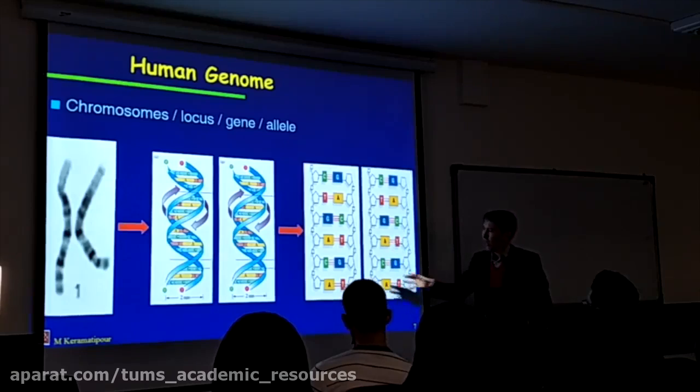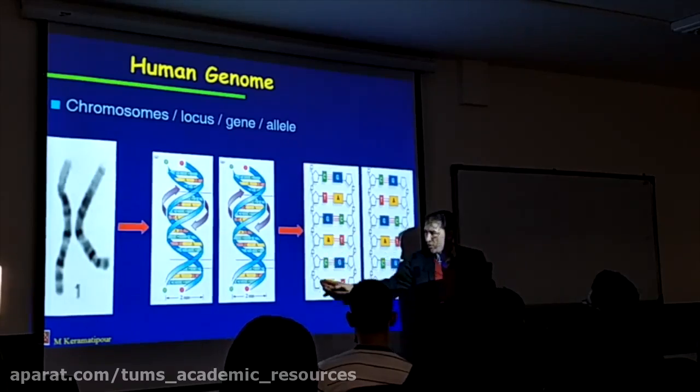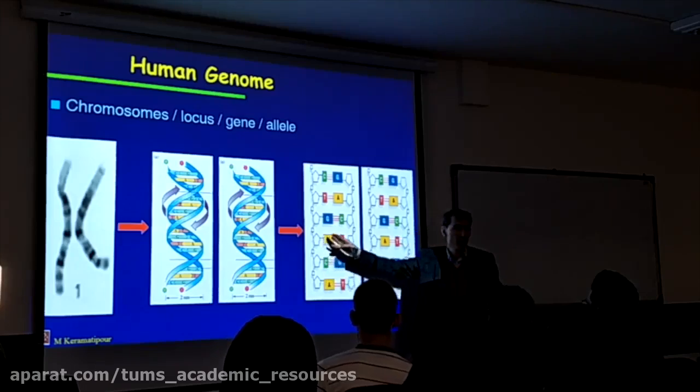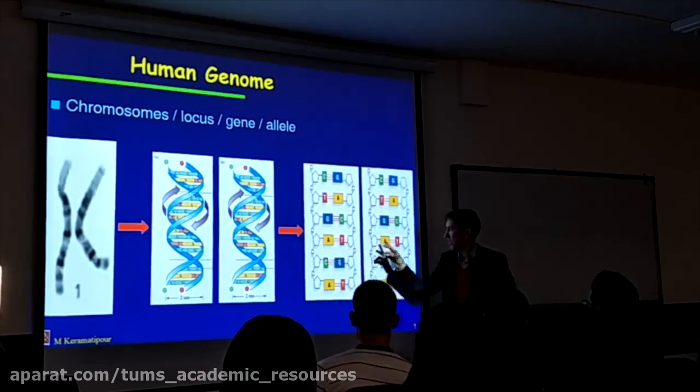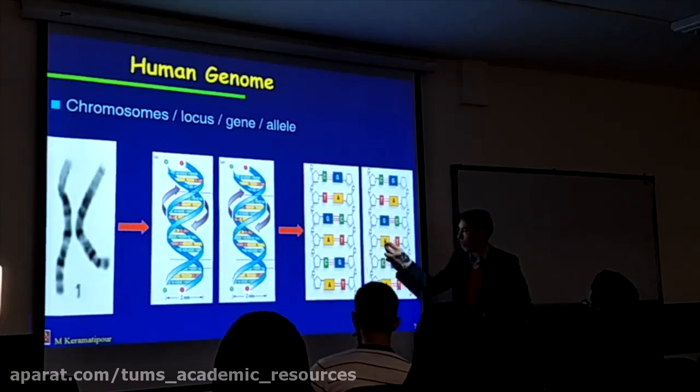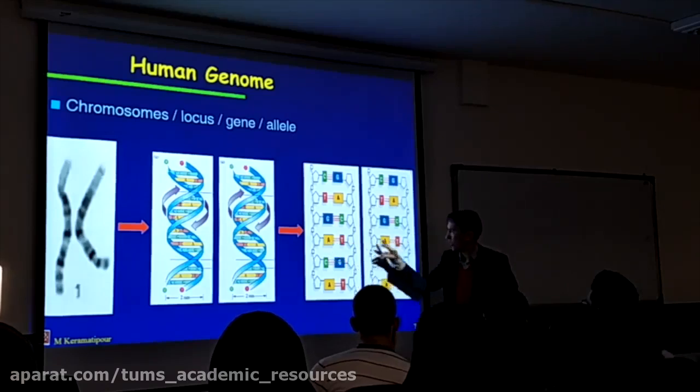So for example, let's say this is the reference strand that we use to state the genotype for this specific nucleotide. If these are the 2 chromosome 1, for example my 2 chromosome 1, then what would be my genotype at this position?